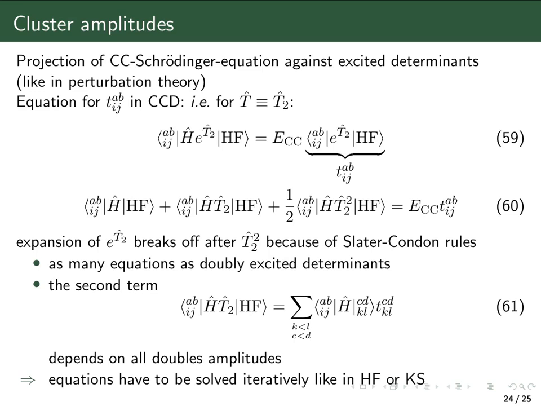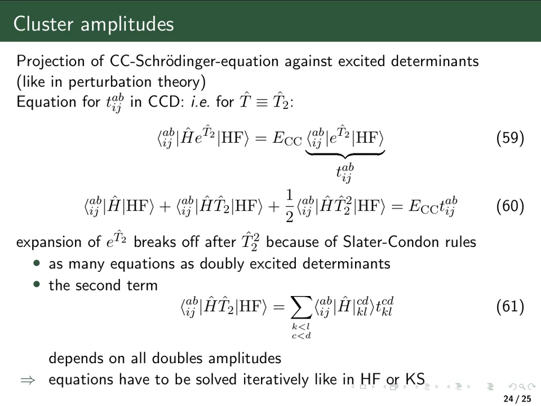So now we project our coupled cluster Schrödinger equations not against the Hartree-Fock determinant, but against any of the excited determinants. I'm going to illustrate this now for one particular coupled cluster method, meaning coupled cluster doubles, to make the equations a bit more compact and shorter, which means the T operator now only consists of the T2 operator.